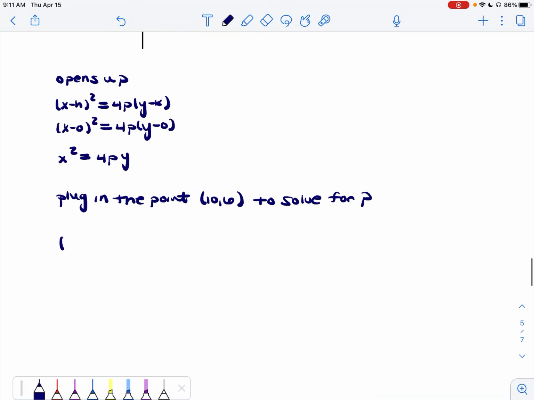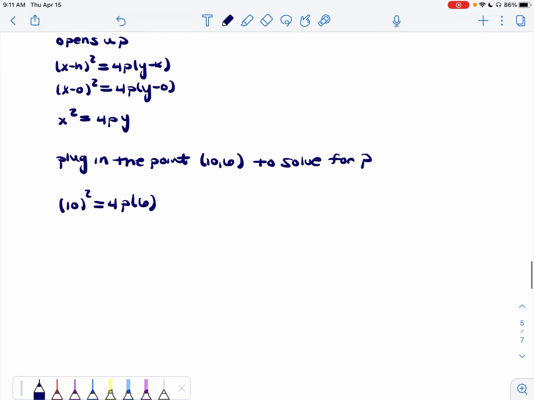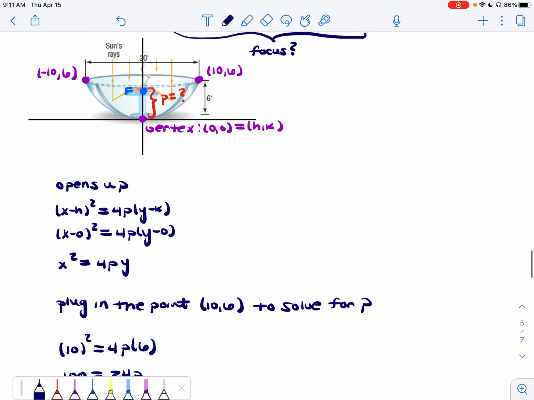So we're going to have 10 squared is equal to 4p times 6. That would give us 100 is equal to 24p. Divide by 24 on both sides, and if you plug that into a calculator, we would get about 4.17 for p. Remember, p tells us the distance from the vertex to the focus.